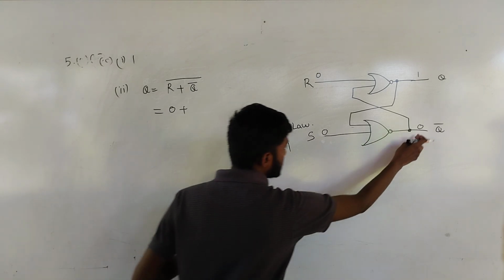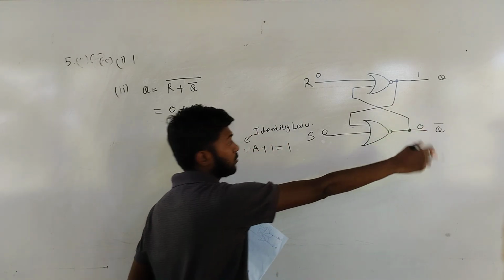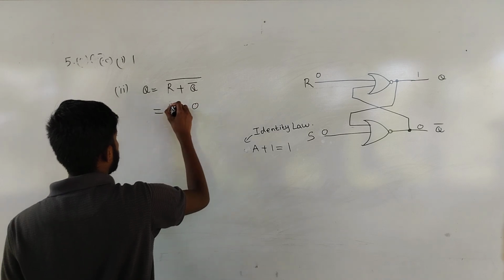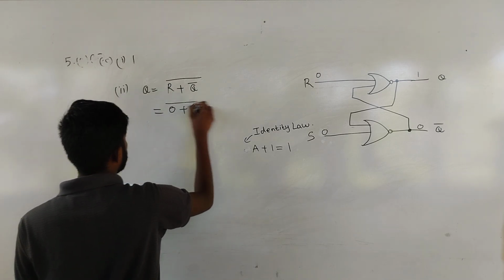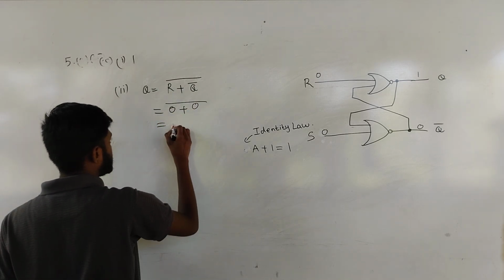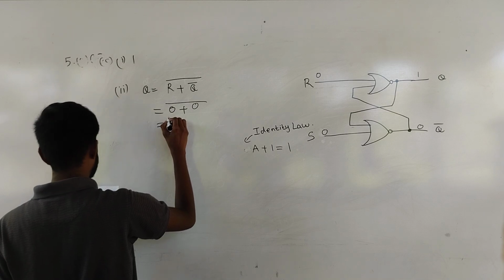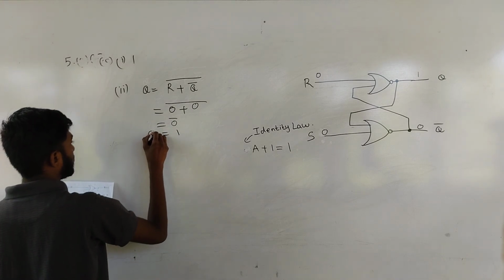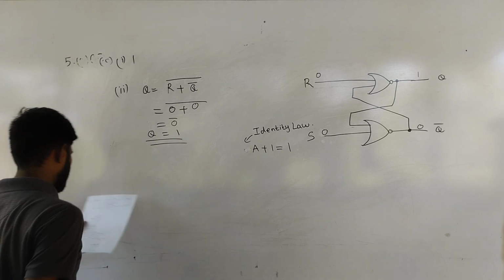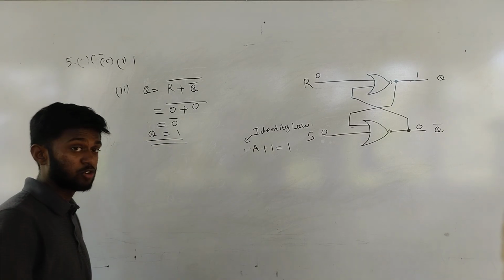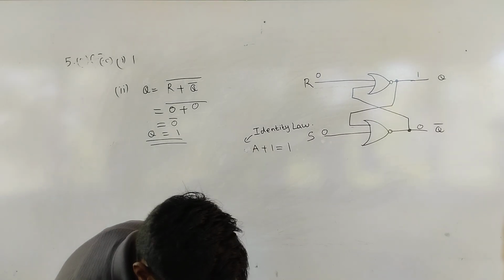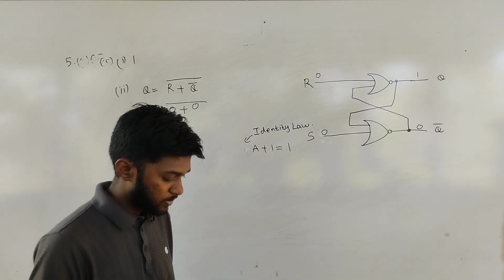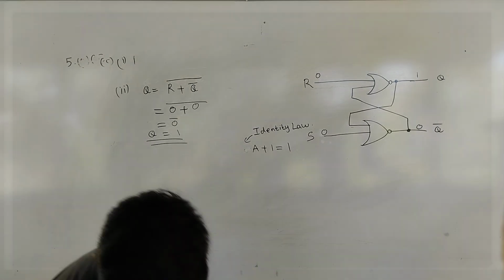Q bar what? Q bar is 0. Before we previously found, so it is going to remain the same, so Q bar 0. Then put a bar at top. You know 0 plus 0 is 0, but what is the opposite of 0? That is 1. So Q is going to be 1. This is the answer we have found. Q is 1. Then what is going to be Q bar? Q bar is 0. But here the examiner is asking only the Q, so no need to write Q bar.